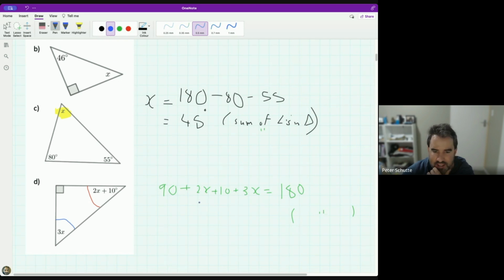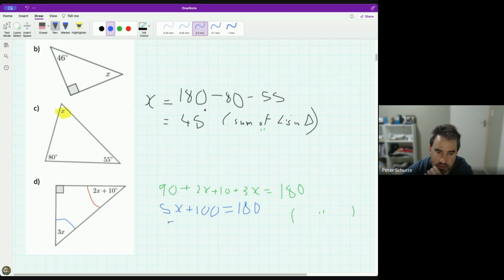But now you have to collect some stuff, and what you're going to see is that 5x plus 100 must be equal to 180. Now, what does that mean the size of x is?